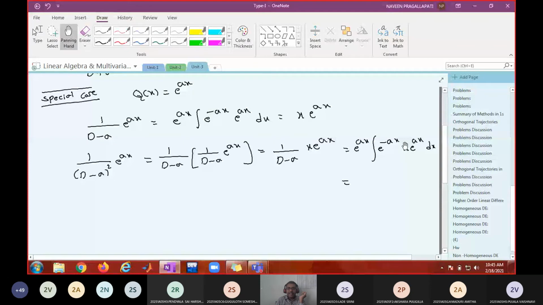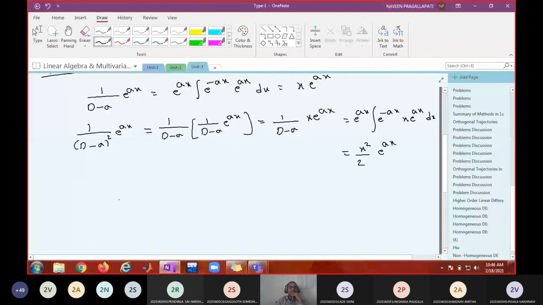Integration of x is what? x power 2 by 2 e power x. Is it clear? Yes, sir. I'll write one more and then try to write down the general formula.